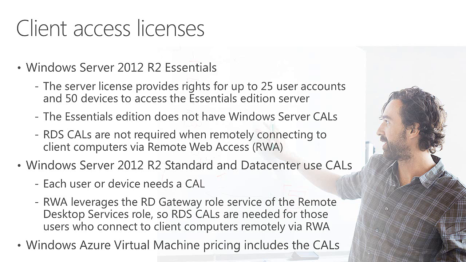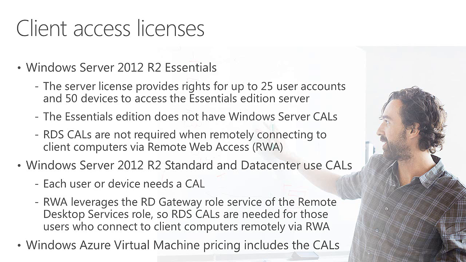So it's very helpful to keep in mind that the Windows Server CAL model does not apply to the Essentials edition of Windows Server 2012 R2, or to Windows Server 2012, the previous version, or to Windows Small Business Server 2011 Essentials, which was the version prior to that. The Essentials edition has never used the CAL model, and you don't get Windows Server CALs when you buy the Essentials edition.